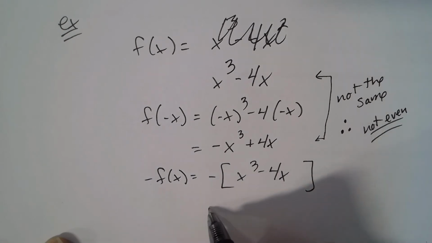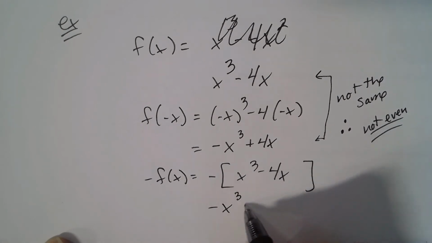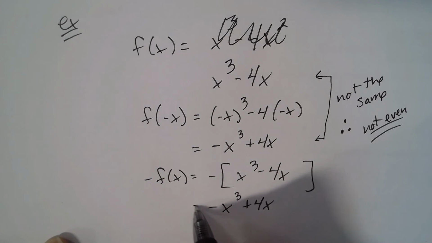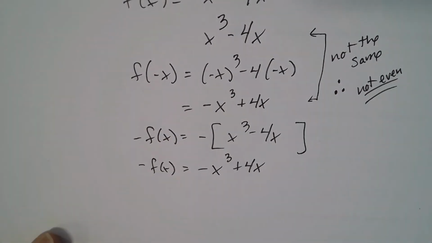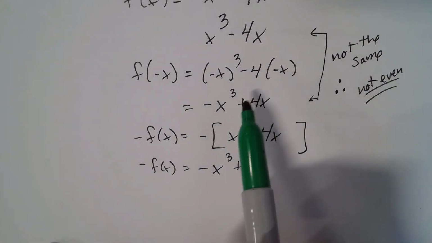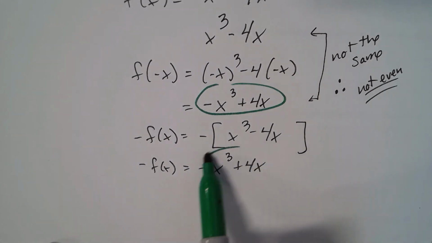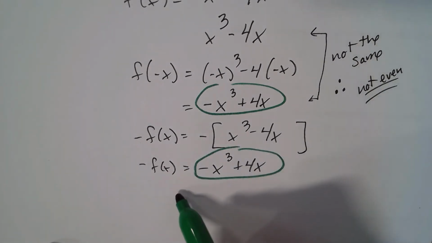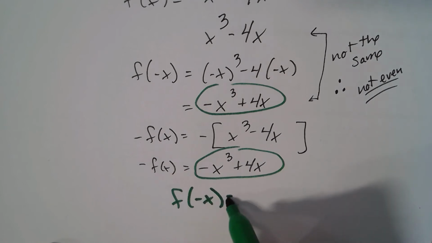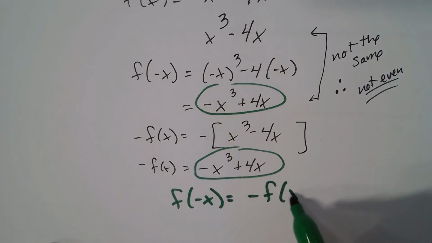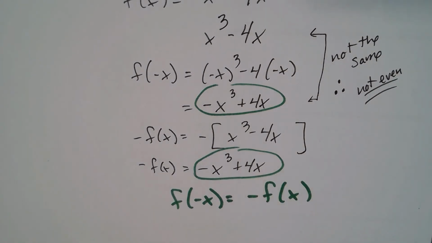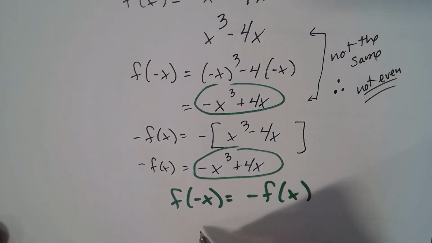Distribute the negative, I get negative x cubed plus 4x. So let's compare. f of negative x is this. Negative f of x is this. So f of negative x equals negative f of x. They're the same. So therefore, it is an odd function.